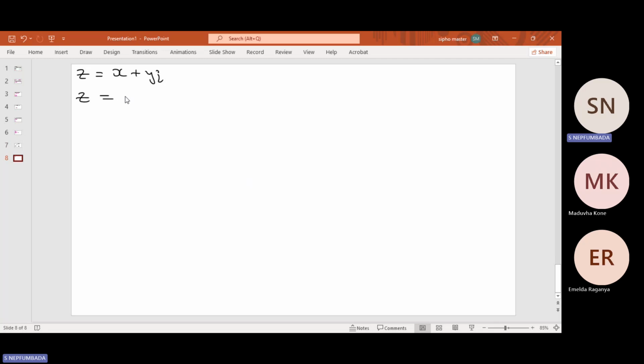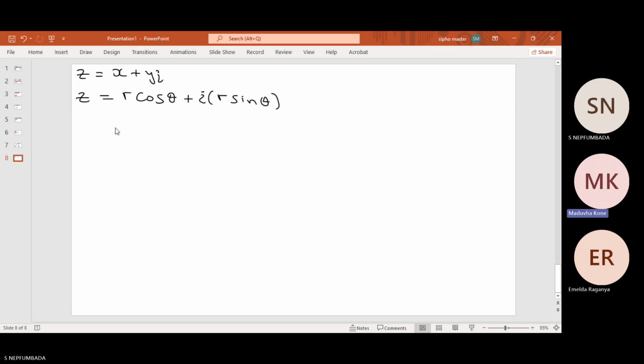Where there's an x, we substitute with r cos theta, and where there's a y, we substitute with r sine theta. Are we still together? Yes.